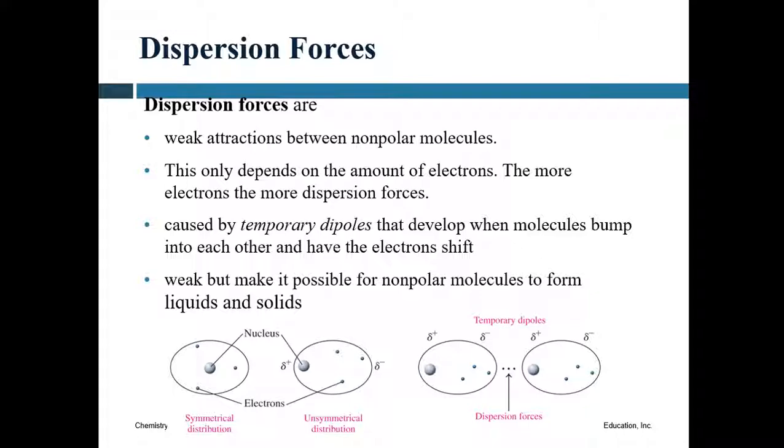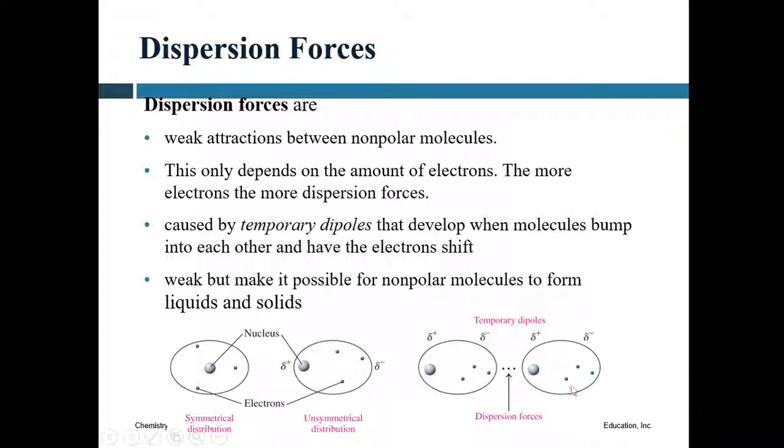So you have some negative things inherently running around in your molecule or your atom, whichever one. And if these negative things happen to bump into another one, they're going to shift the electrons to the other side of the atom or the molecule. And when they do, it's going to cause a slight temporary dipole.